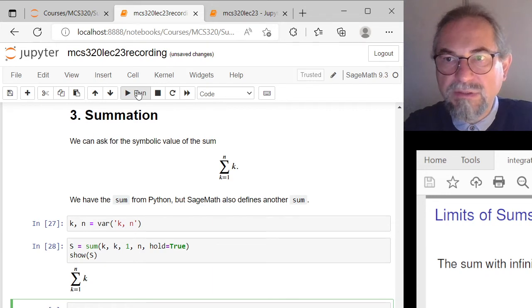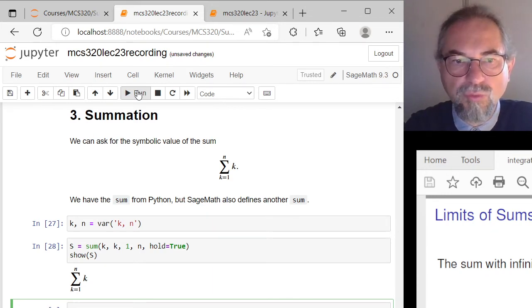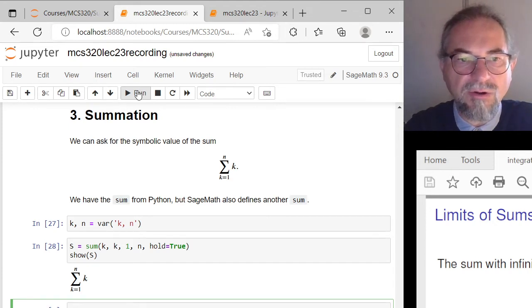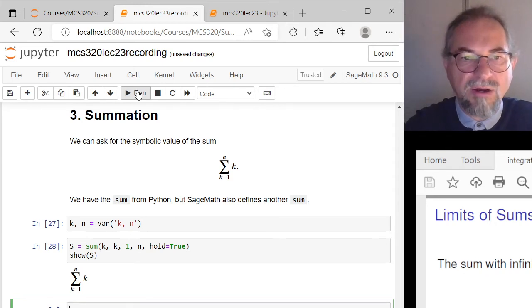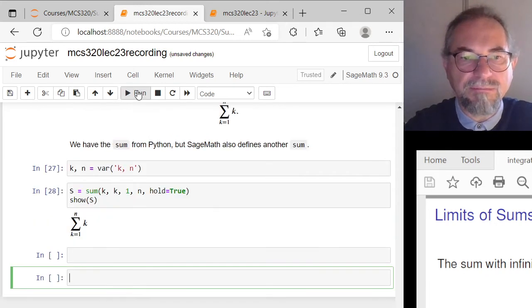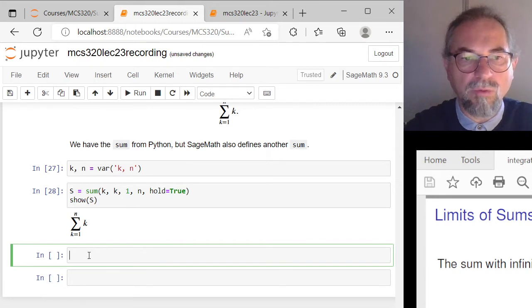Setting hold to true is also a very good check on the syntactical correctness of the expression that has been typed in. I can now evaluate the sum by the unhold.